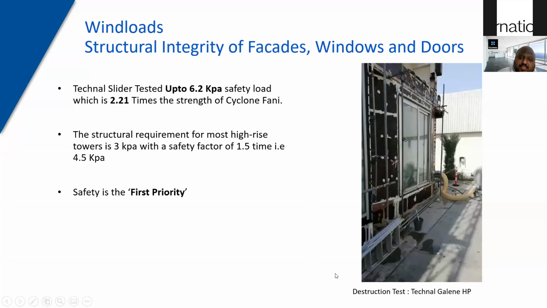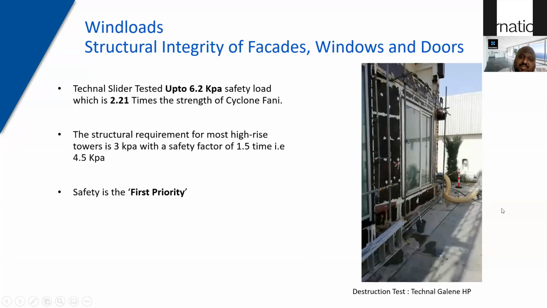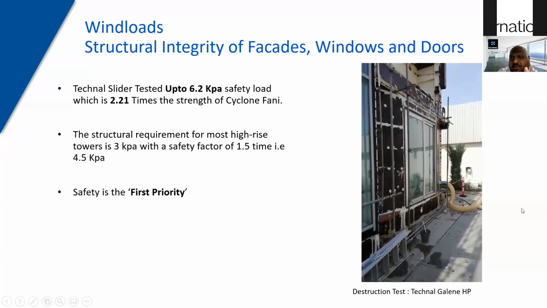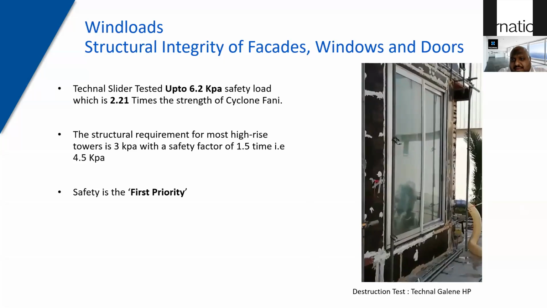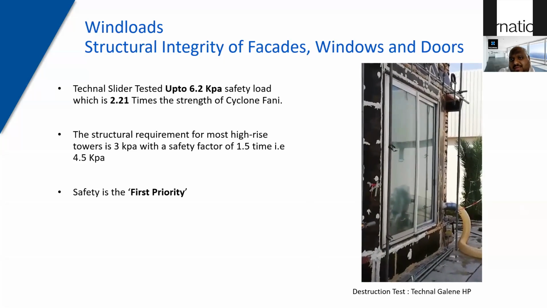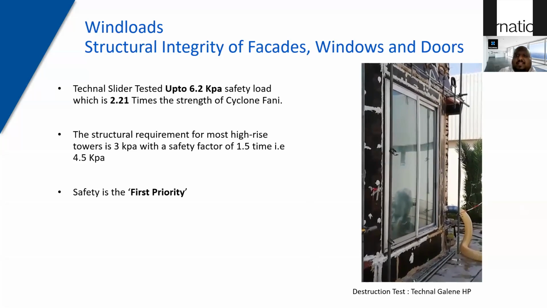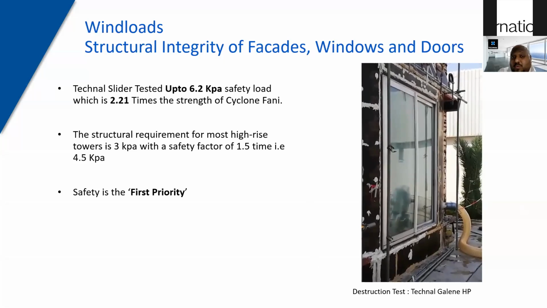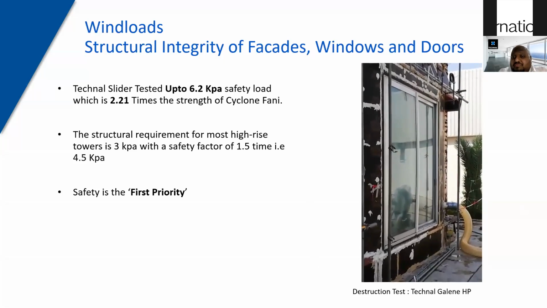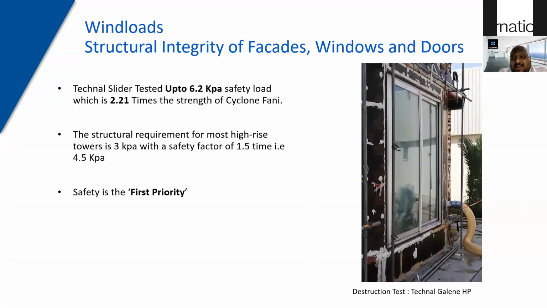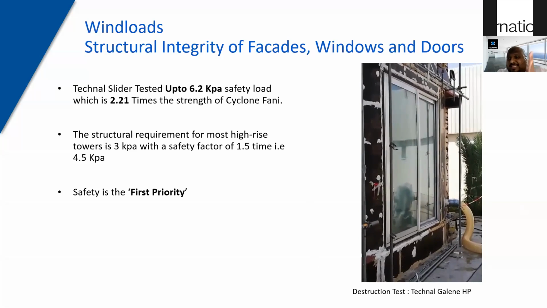So here is a small test, which we call a destruction test. The product is already tested for 3 kPa, but we're trying to push the barrier and see up to what wind pressure the windows can withstand. My colleague is shouting that 5,100 is 5.1 kPa, 5,300 is 5.3 kPa. Still, you can see the bending.